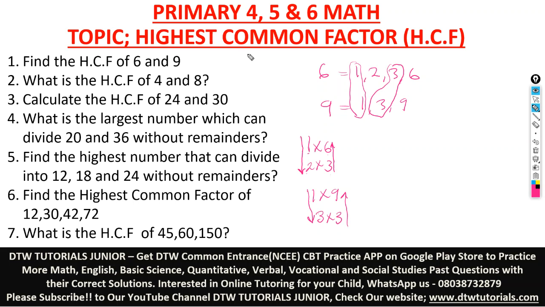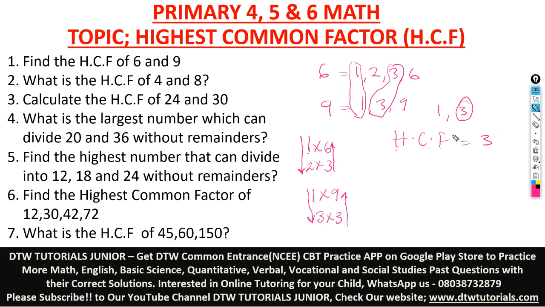Now, what is the highest between 1 and 3? The common factors between 6 and 9 are 1 and 3, and the highest of these numbers is 3. So our final answer, the HCF, which is the highest common factor, is 3. Do you see that?